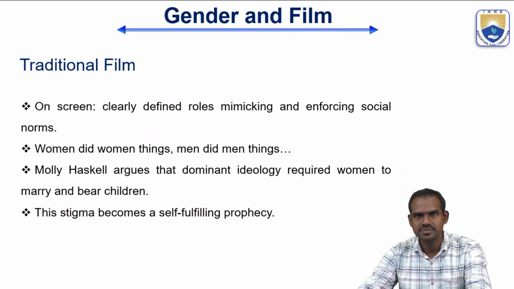Traditional film. On screen, there are clearly defined roles mimicking and enforcing social norms. Women did women's things, men did men's things. Whatever roles are given to women, they will do them, and whatever roles are given to men, they will do those roles. Molly Haskell argues that dominant ideology required women to marry and bear children.